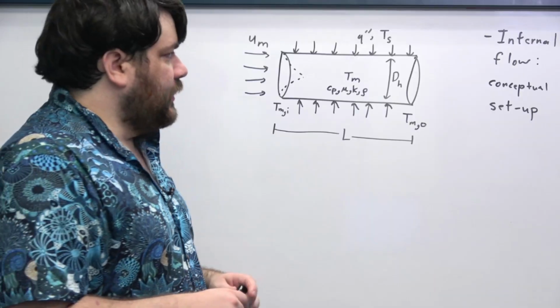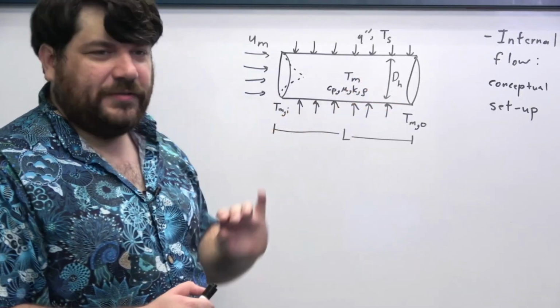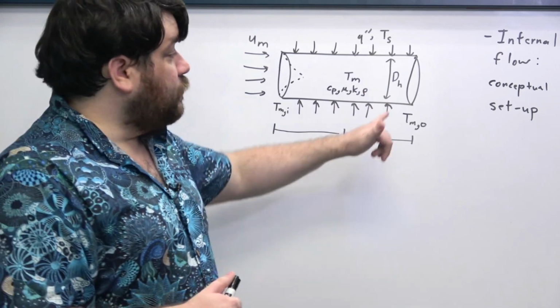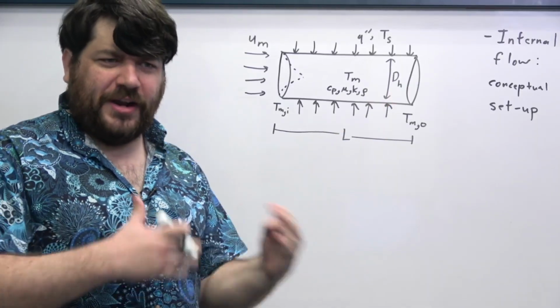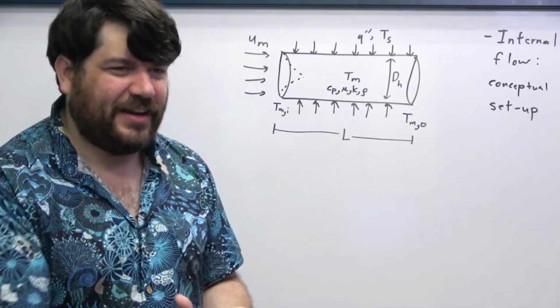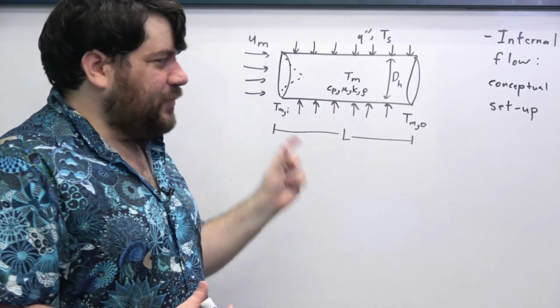Okay? And if we are dealing with a cross section that is not circular, right? So if this is not actually a pipe, then we can define this diameter, which we are now going to call a hydraulic diameter, because it's some kind of effective diameter that we can use to represent the geometry of this system.